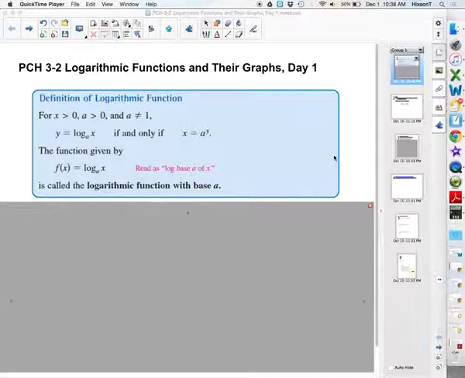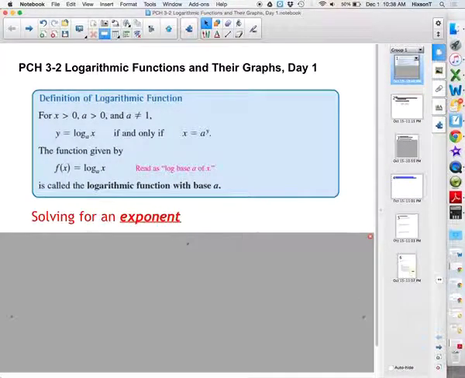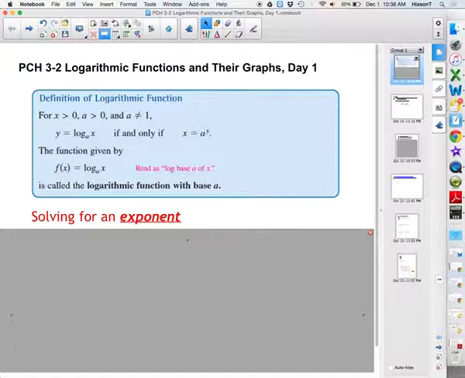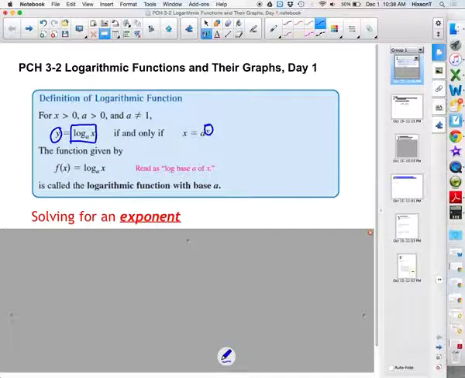So, what really is a logarithmic function? Well, let's take a look at this. First of all, understand that when you are taking the log of something, you are finding an exponent. You're trying to find the exponent. And you'll notice right here it has x equals a to the y. We're trying to get that value y. That's what the logarithm gives us, the exponent.